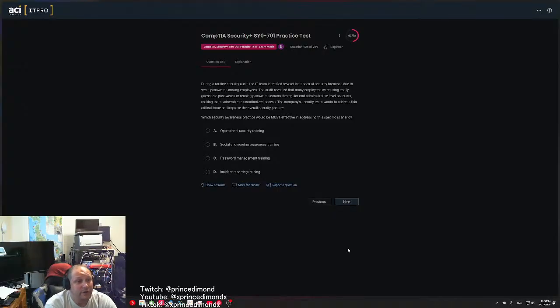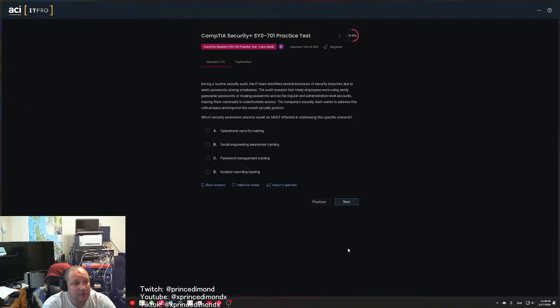During a routine security audit, the IT team has identified several instances of security breaches due to weak passwords among employees. The audit revealed that many employees were using easily guessable passwords and reusing passwords across regular and administrative level accounts, making them vulnerable to unauthorized access. Naughty, naughty.